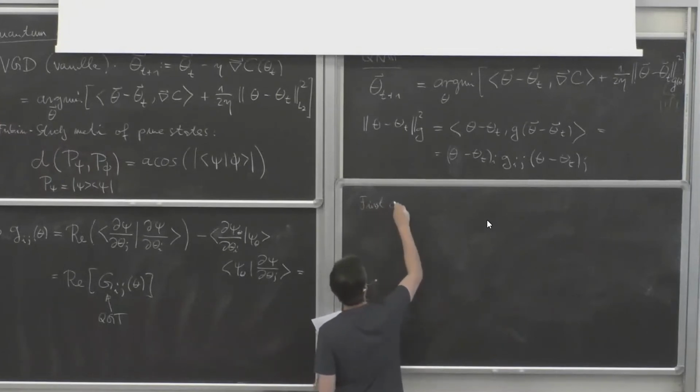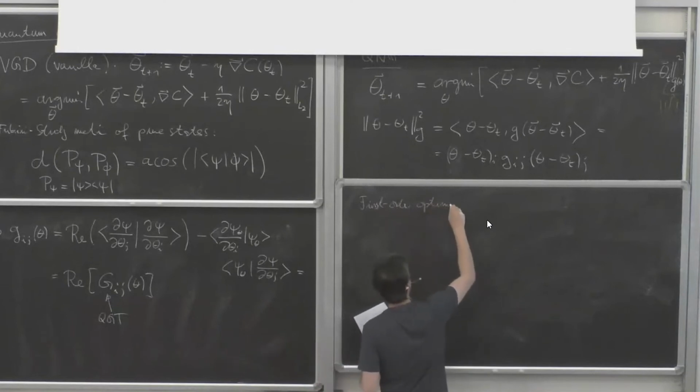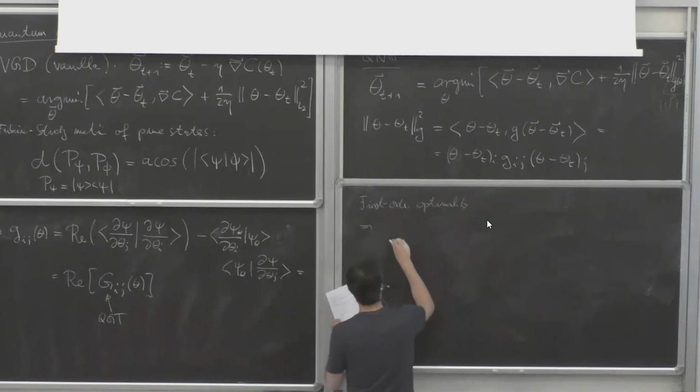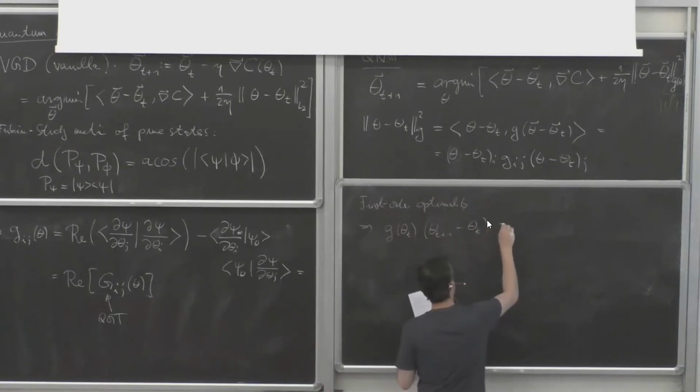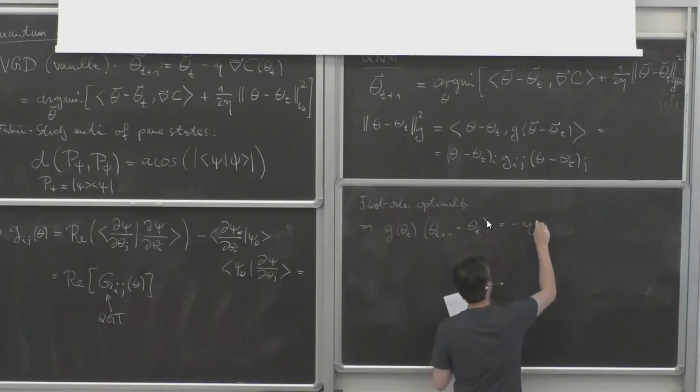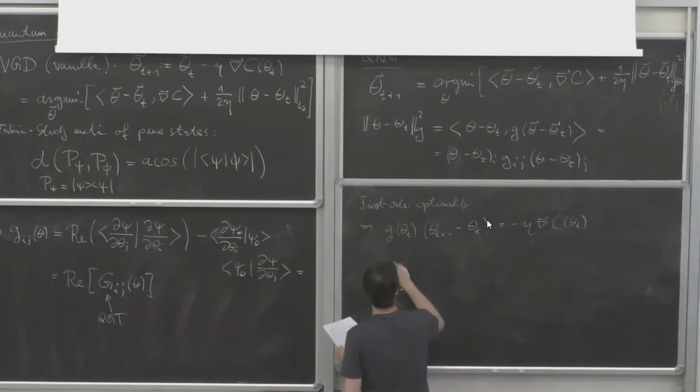First order optimality gives me that G of theta of t.